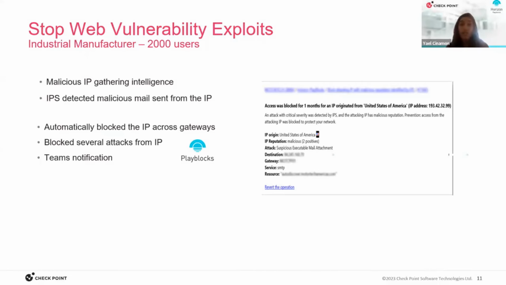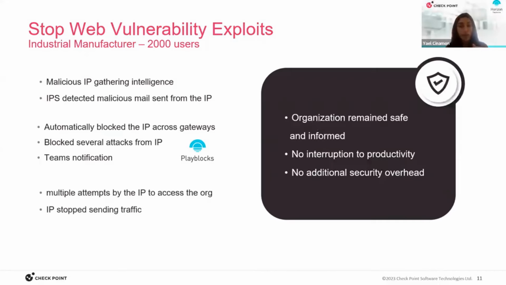So of course we can see now the notification the SOC admin got with all the information that we saw up until that moment. And we can see that after the fact, there were some other attempts to communicate. Of course, they were all dropped due to the successful preventive action done by Playblocks.